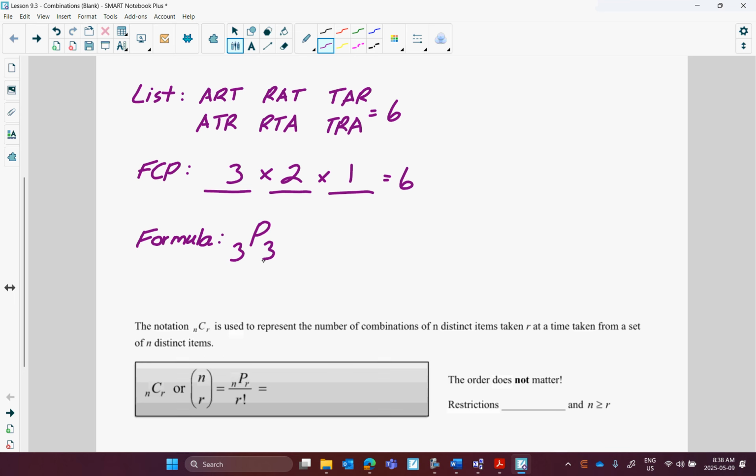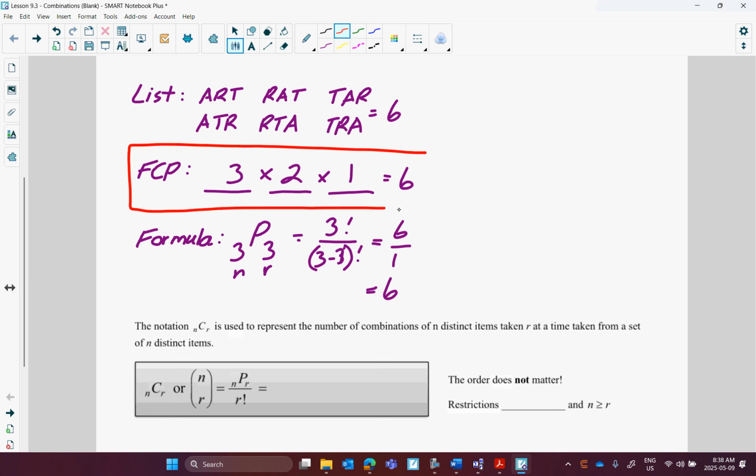Remember that formula was 3 factorial, where this was n and this was r, over 3 minus 3 factorial. Three factorial is 6. 3 minus 3 is 0, and I told you 0 factorial was 1. So again, we get 6. This is usually the best way to do it.